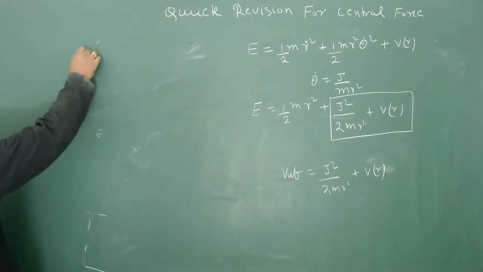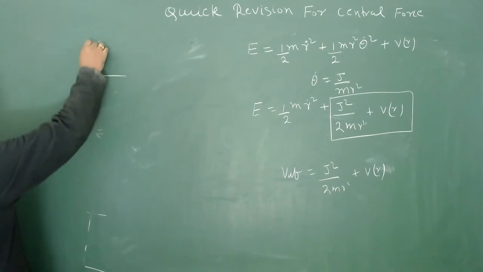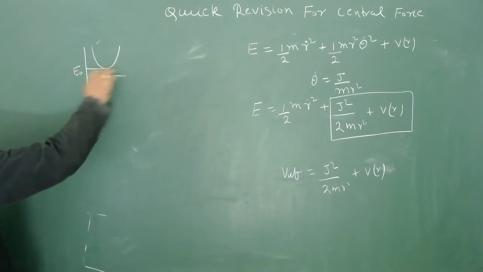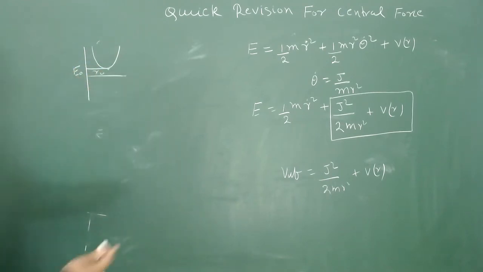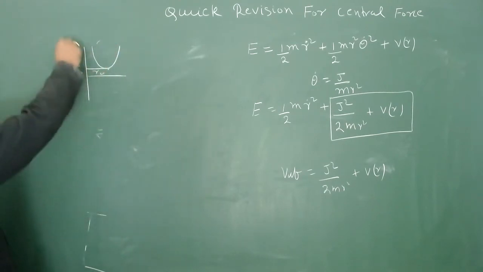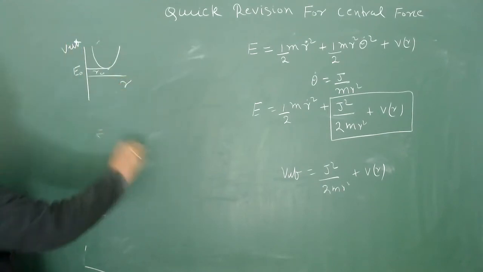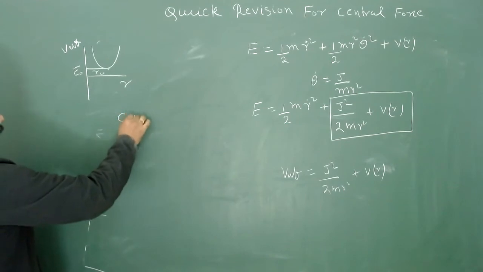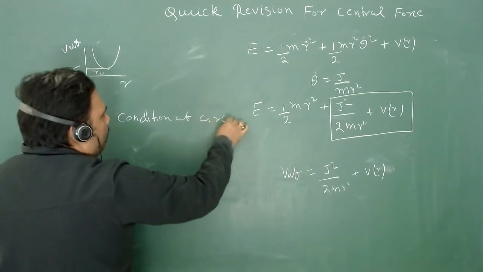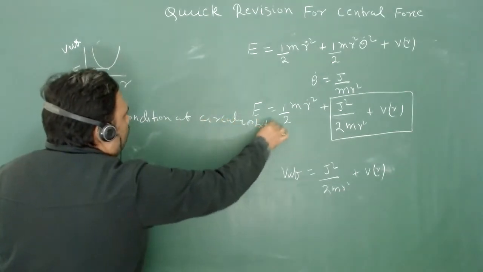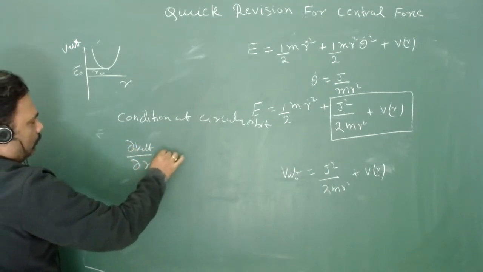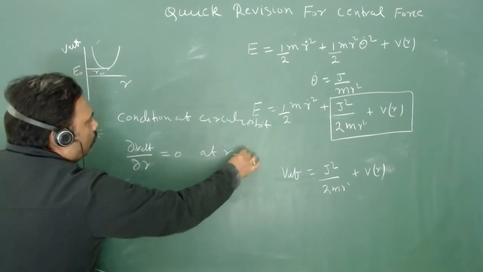So suppose we have this kind of potential, and if this is my R naught and this is my E naught, then obviously the particle can move in a circular orbit. For this type of potential we can easily talk about V effective, and this is V effective versus R. The condition of circular orbit is del V effective upon del R must be equal to 0 at R equal to R naught.